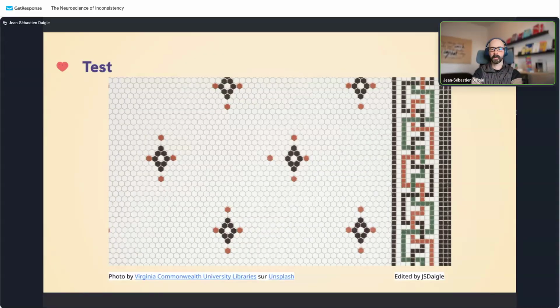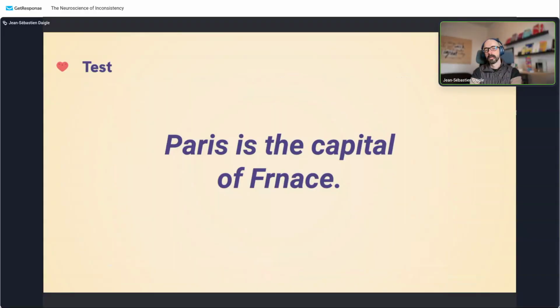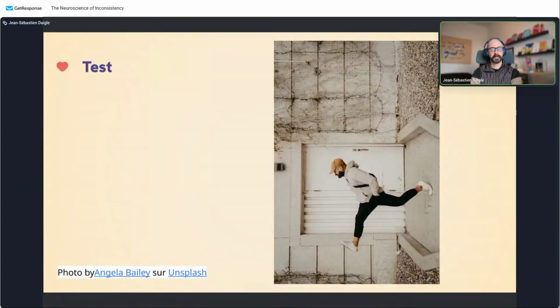This is our brain telling us, hey, there's something wrong. For me, I do have dyslexia. I haven't seen it at first, but yep, our brain is telling us something is wrong here. We also have this test here.